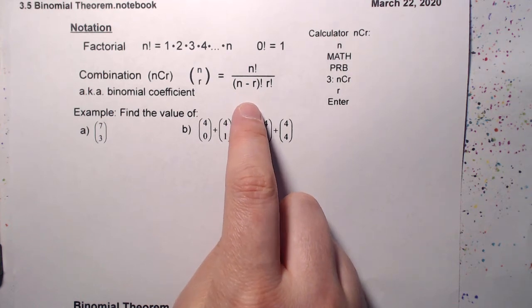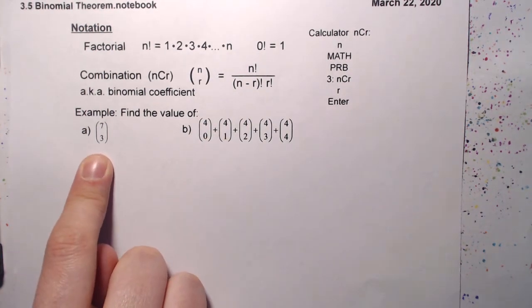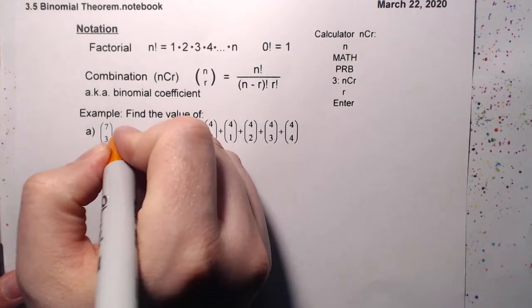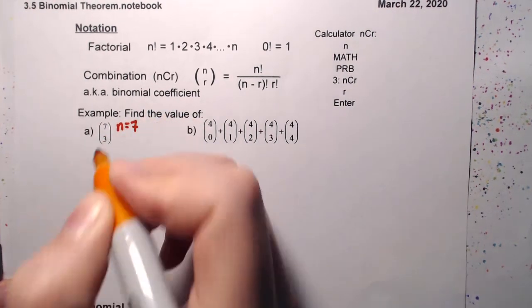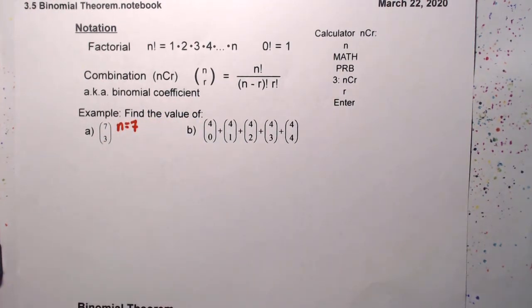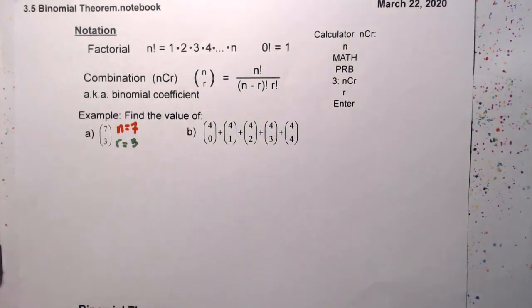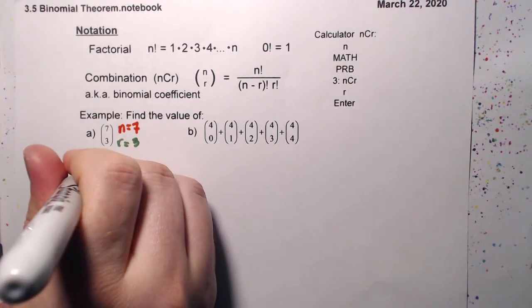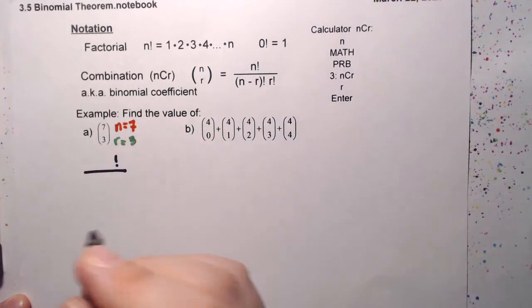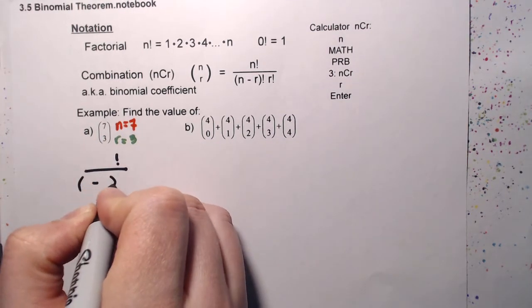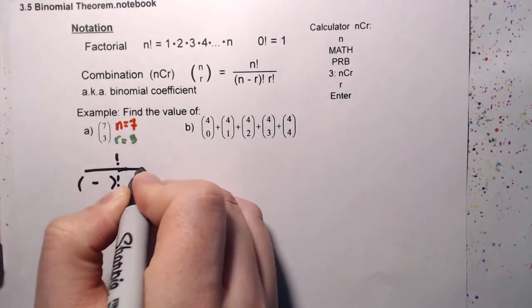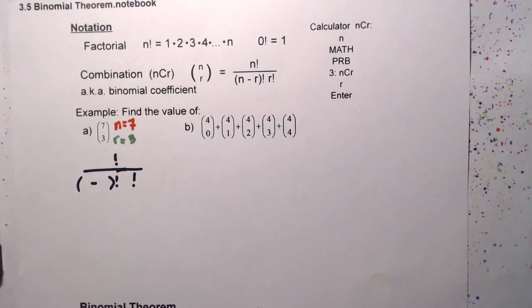But to show you what it's talking about, 7 is my n, and where'd that green one go? The r is 3. So if I were to write out this formula, I have the n, which is 7.